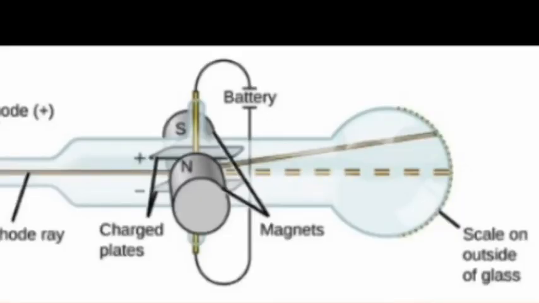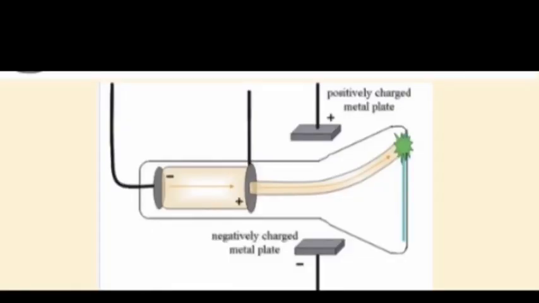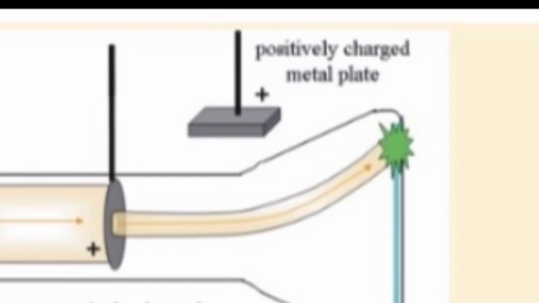And you can see how the beam is going up towards the positive magnet. You can see it more in the image below, where the yellow line is more towards the positively charged metal plate, and it's curving up towards it. And that's how his experiment led him to discover electrons.